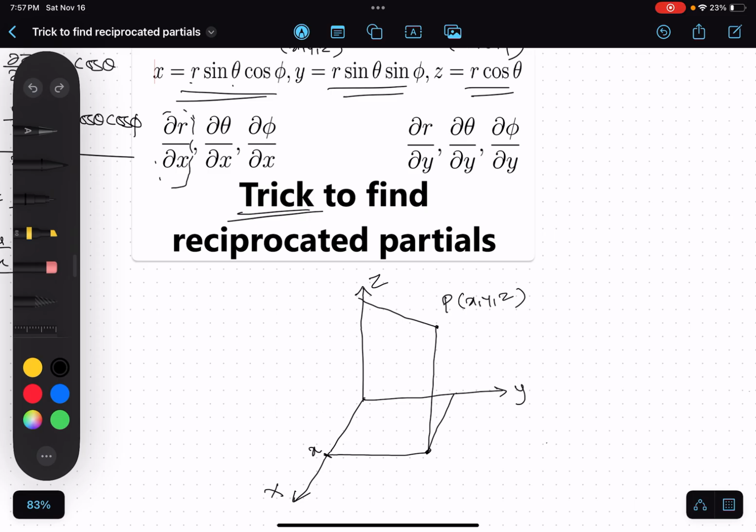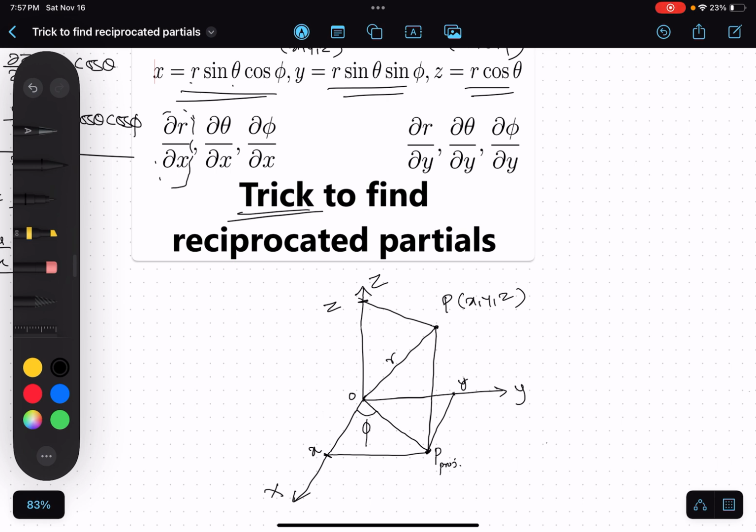This is the x coordinate of this point. This is the y coordinate of this point. This is the z coordinate of this point. Now, let us say that r is the distance of this point from the origin. Now let's say the projection of this point makes an angle of phi with the x-axis.